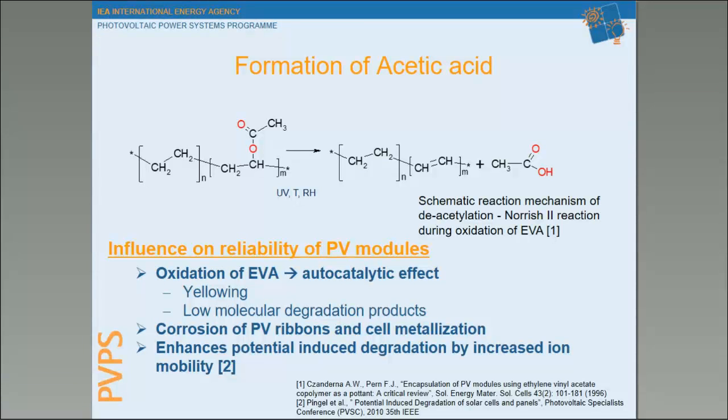It accelerates the oxidation of EVA, so it starts some sort of autocatalytic effect. It produces more and more of this acetic acid, and sooner or later we also see yellowing and browning of EVA. Acetic acid is highly corrosive. So usually we observe corrosion of PV ribbons and also cell metallization.